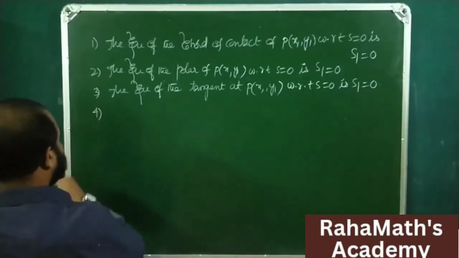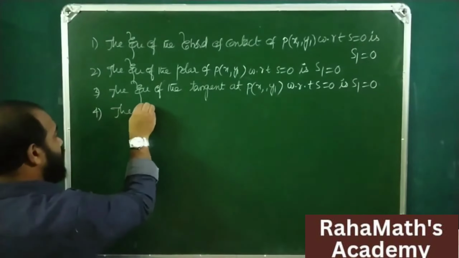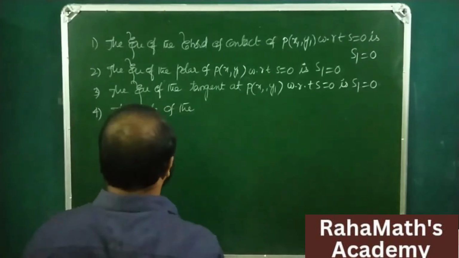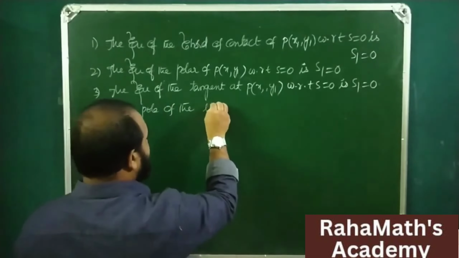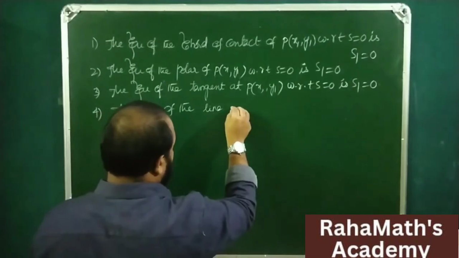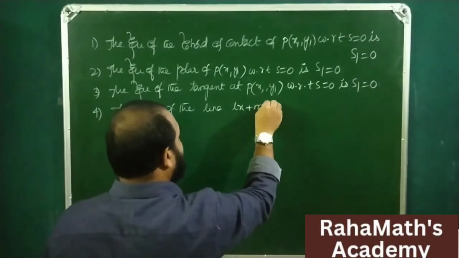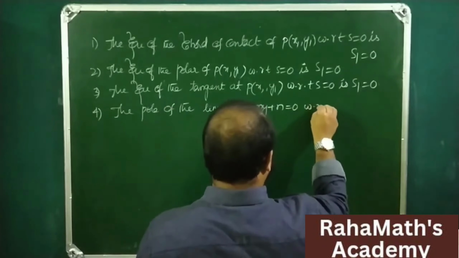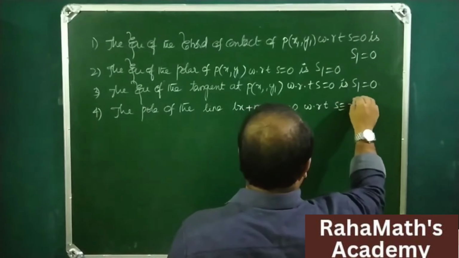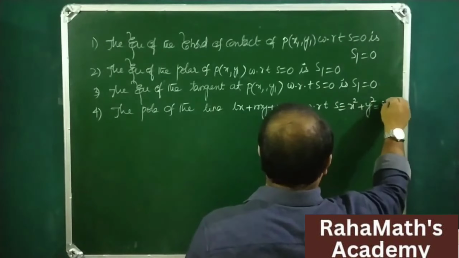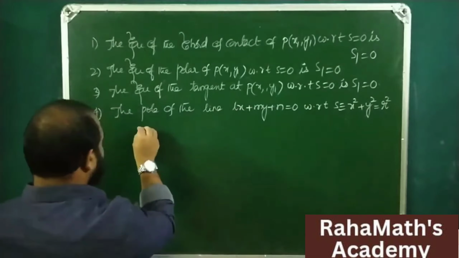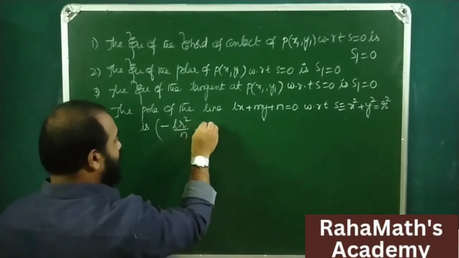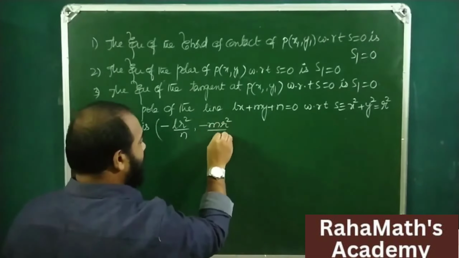And the fourth one, the pole of the line lx plus my plus n equals 0 with respect to the circle x square plus y square equals r square is minus lr square by n, comma, minus mr square by n.